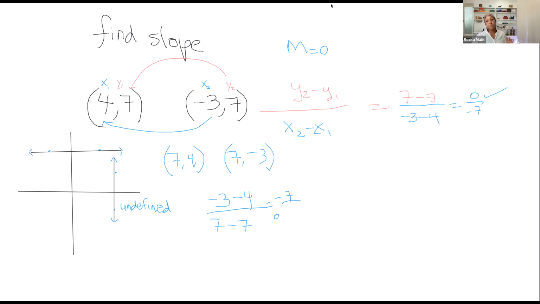You know what I really want to do? I want to write the equation of the line, because that is the hard one. So let's see. Write the equation of the line that goes through this point with the slope of -2.